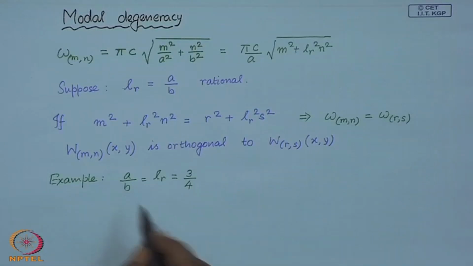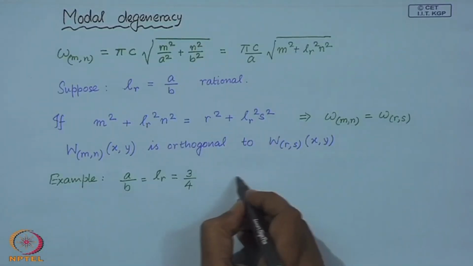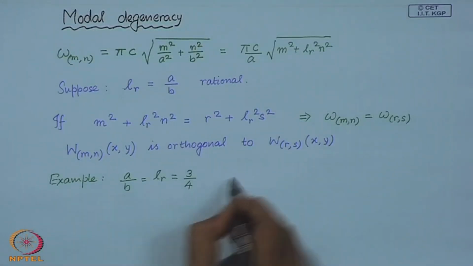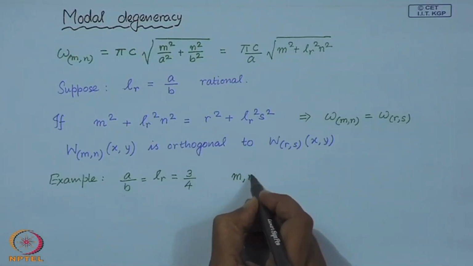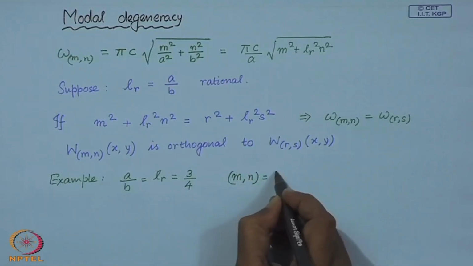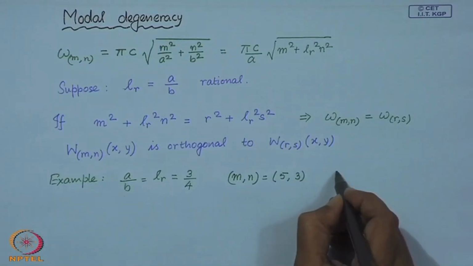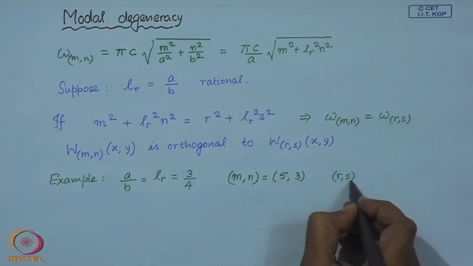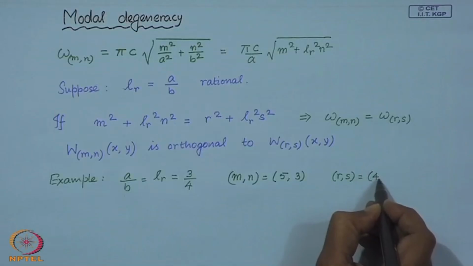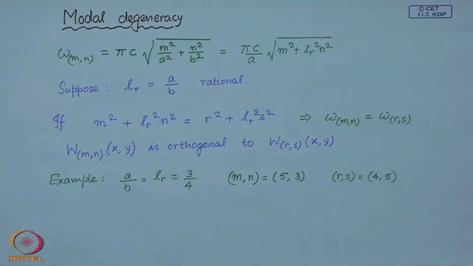In that case, if you take m n as 5 3 and r s as 4 5, then you can easily check that for L r 3 over 4, these two give identical circular natural frequencies.